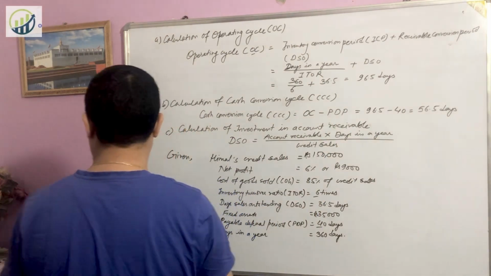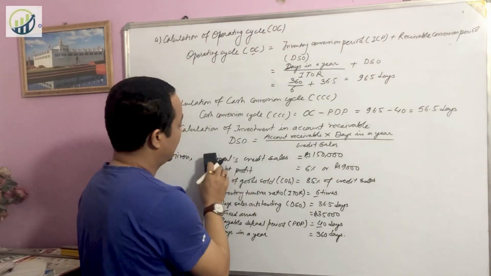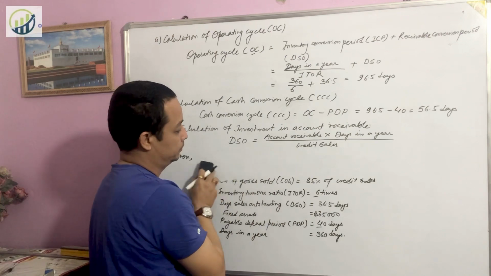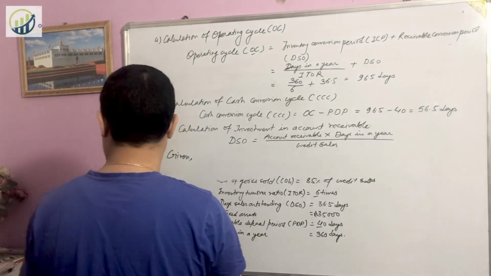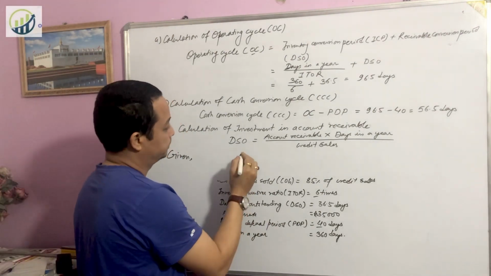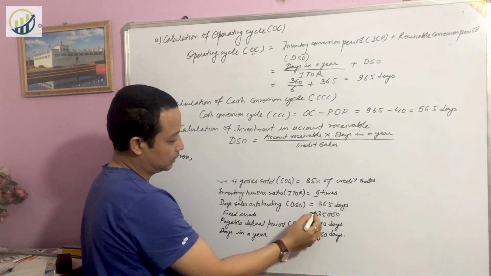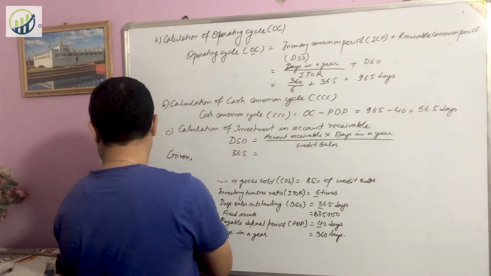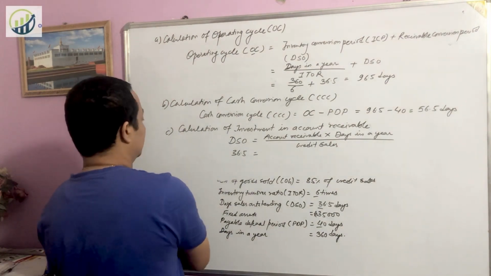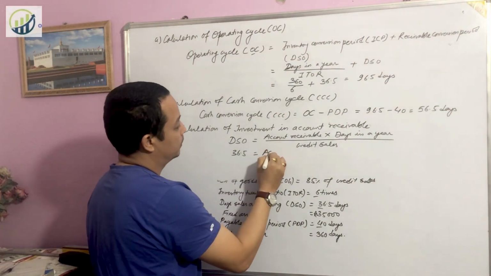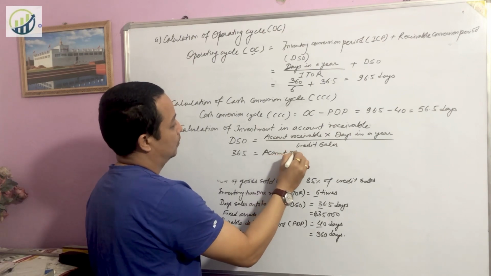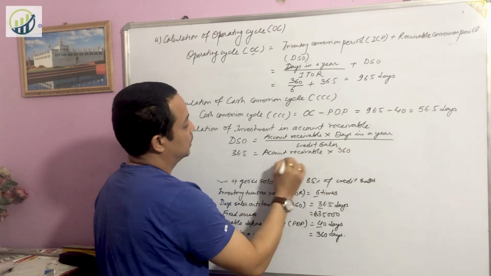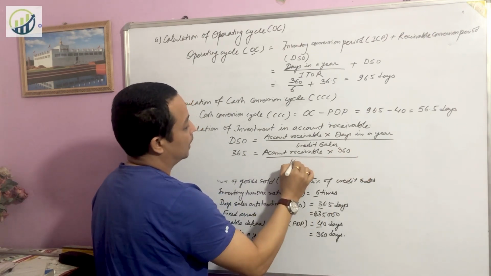This is the formula for finding the DSO. DSO is given in the question: 36.5 equals account receivable into days in a year 360, upon credit sales 1,50,000.